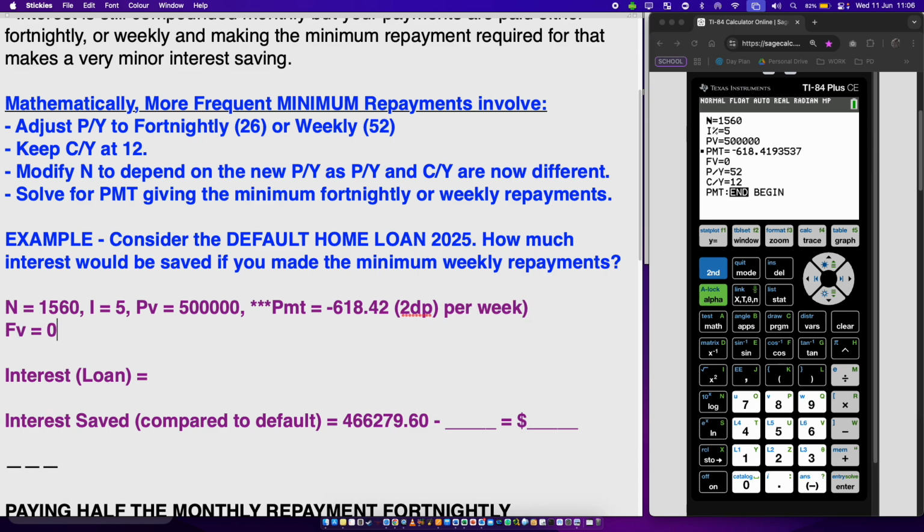FV, I don't want to owe the bank anything at the end. PY is 52 and CY is 12. So the amount of interest I'm going to pay on that loan is $618.42 paid 1,560 times, take away 500 grand.